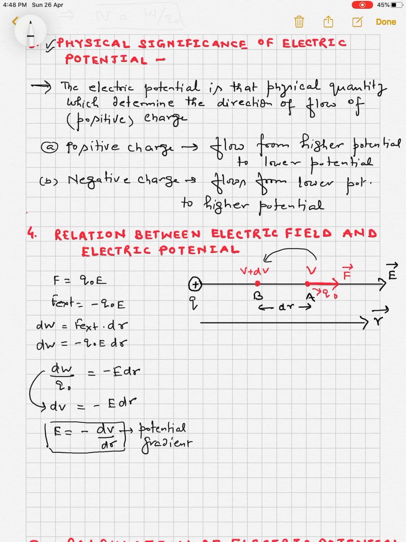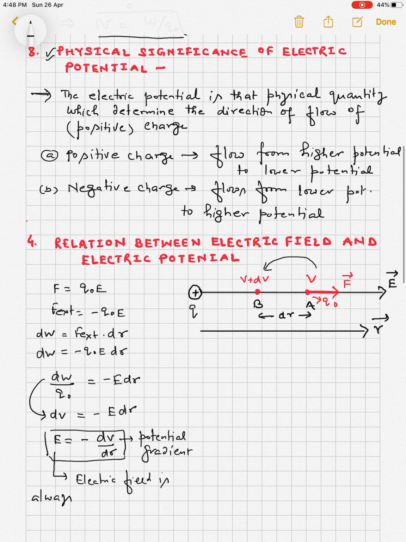So this expression shows that the direction of electric field is always in the direction of decreasing potential.